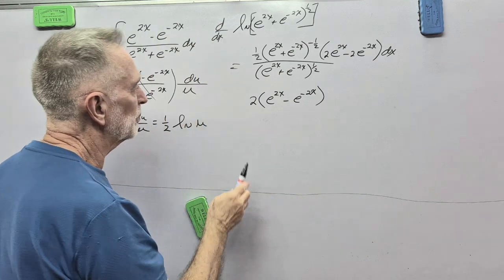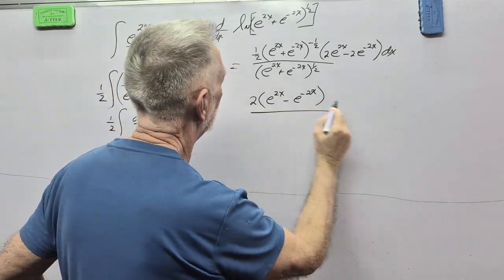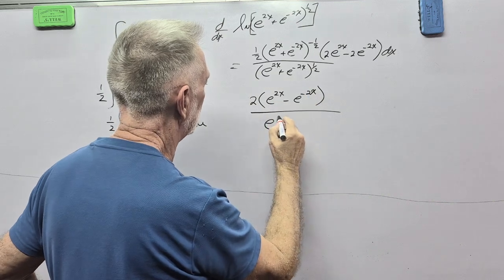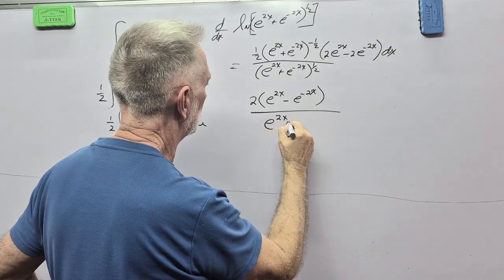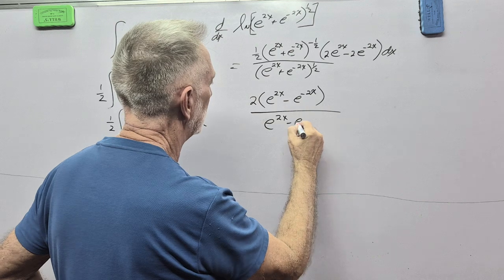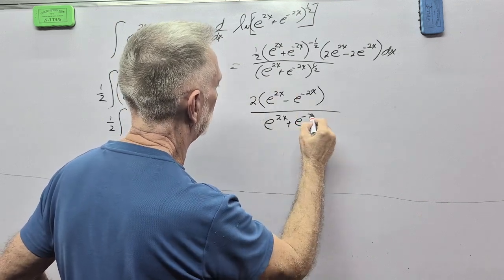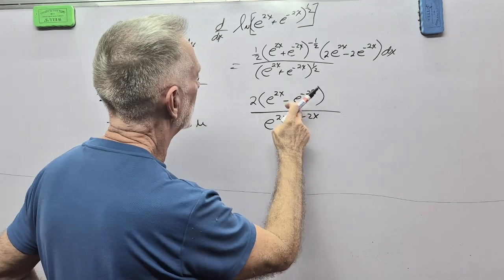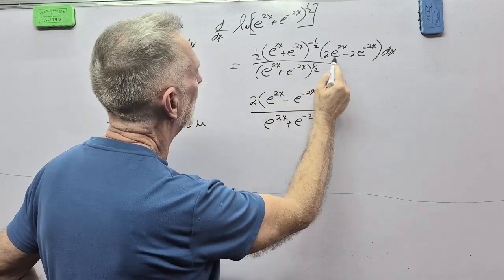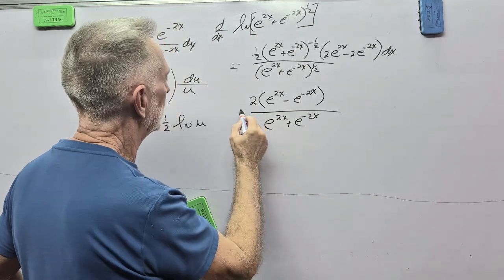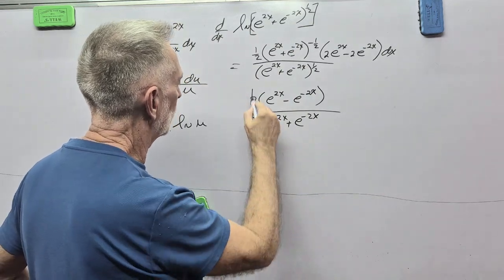Sorry for some of the simple algebra there. So you bring it down, and you end up with e to the 2x minus e to the minus 2x, plus e to the minus 2x. I had a 2 here and a 1/2 there, so there's my 1/2.